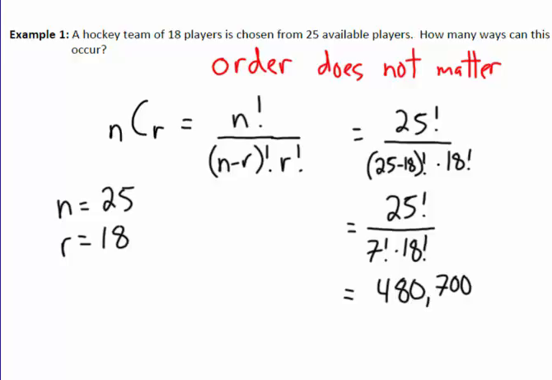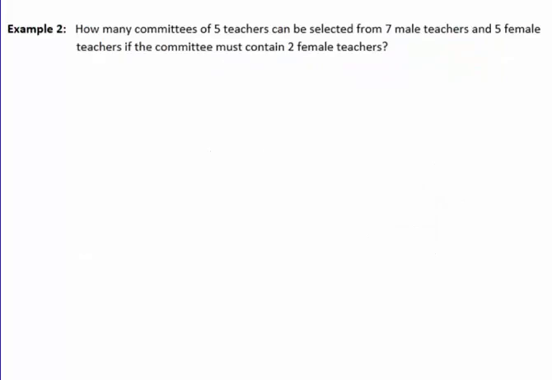Well, just like nPr, nCr also has a button on the calculator, and we're going to use that button for the next question. How many committees of 5 teachers can be selected from 7 male teachers and 5 female teachers if the committee must contain 2 female teachers? Now we have a restriction. We have to choose a certain number of female teachers, and by default, a certain number of male teachers.